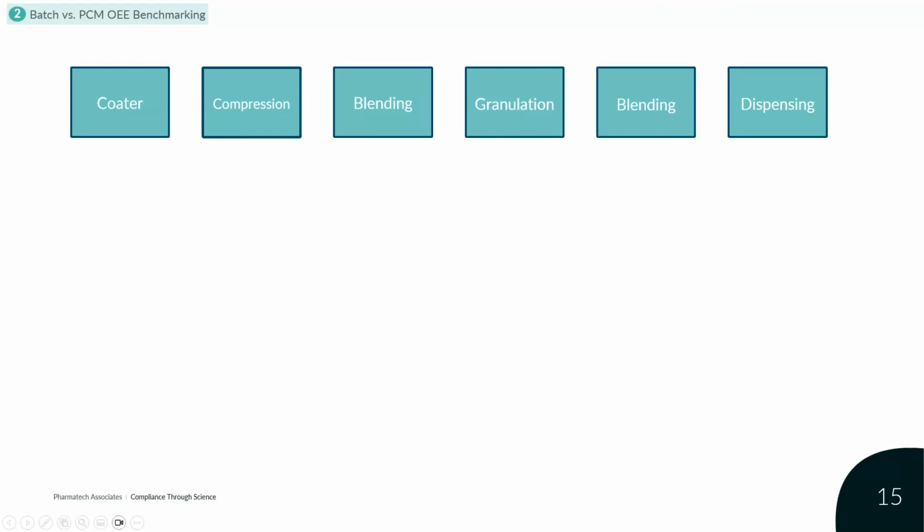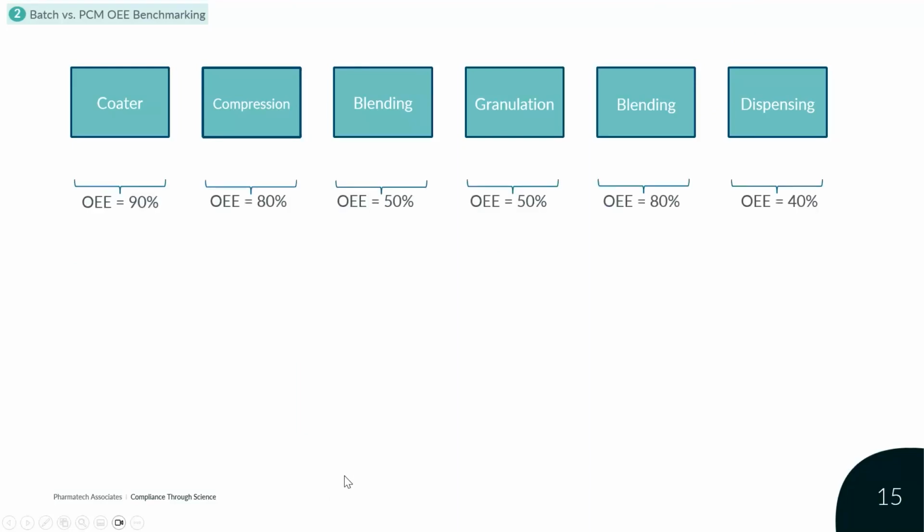Again, bringing back these unit operation views, each of them has a particular OEE. Where you see, let's say, more manual work, of course, the OEE is lower. There are also unit operations already today which will run on a very high utilization and a very high OEE level, typically compression, because it's already a kind of a continuous flow, if you will, or if you go to coating.